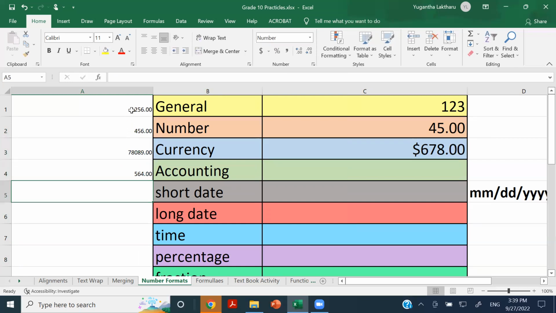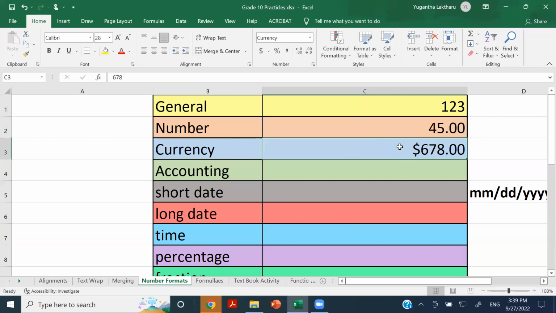Likewise, in Currency, we can see the currency symbol in front of the figure that we are trying to use. And if we want to change the currency symbol, you can do it.